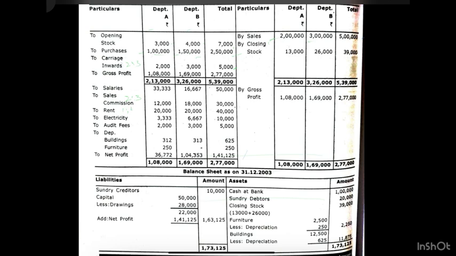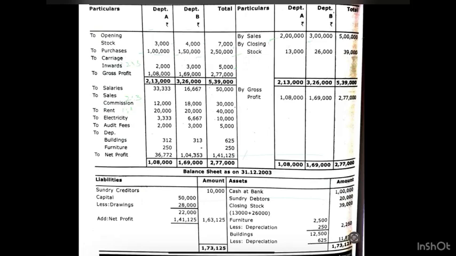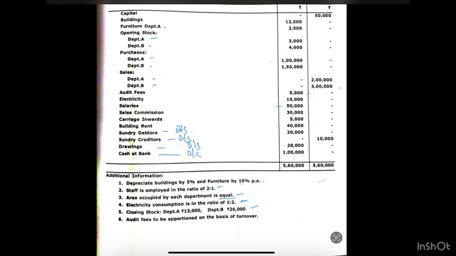Electricity. What is the ratio given for electricity? Let us see the ratio given in the problem. For electricity it is 1:2. So in the ratio of 1:2, the 10,000 is divided. And audit fees, what is the ratio given for audit fees?